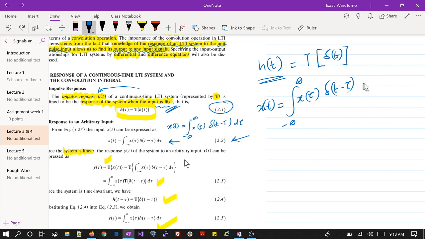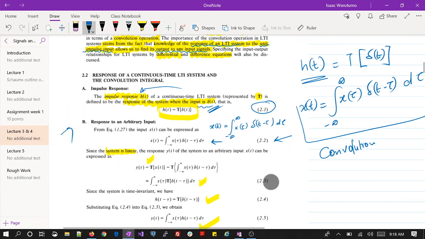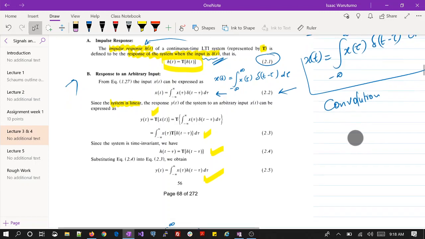This is the one that we refer to as the convolution integral, and it is very useful in describing any input signal x of t in terms of unit impulses. That is something we have already seen before, therefore we don't need to go too far into it.